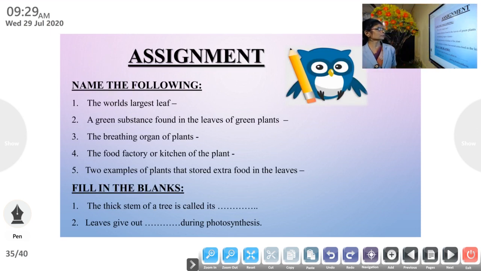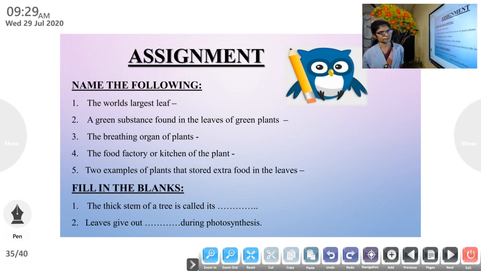Then this is an assignment for you. Name the following. The world's largest leaf. What's the answer? Victoria regia. A green substance found in the leaves of green plants. What's the answer?